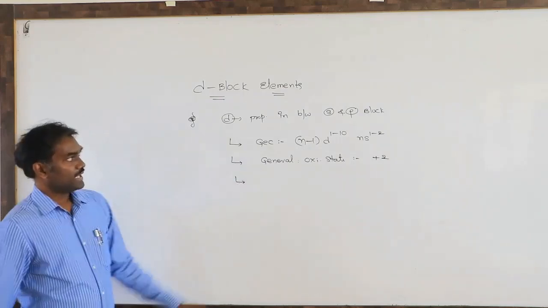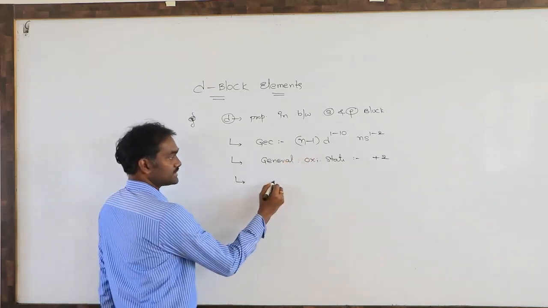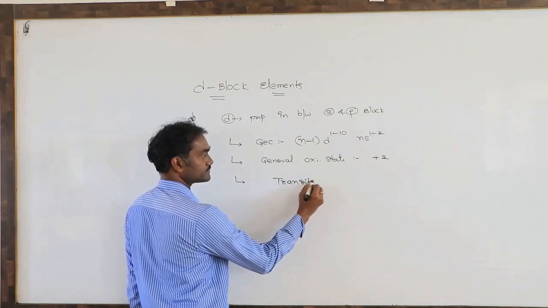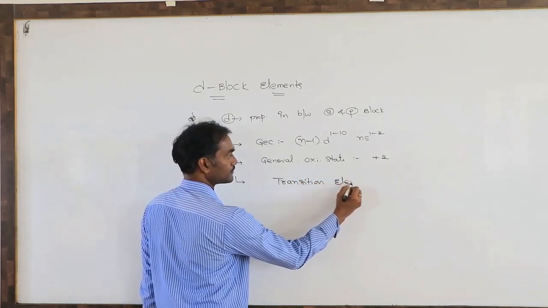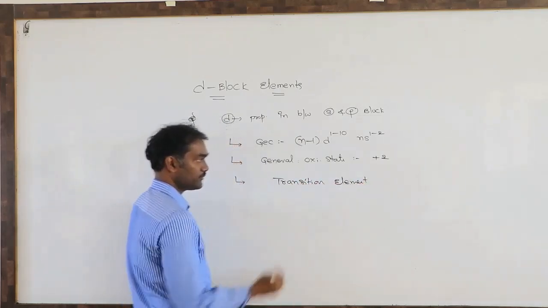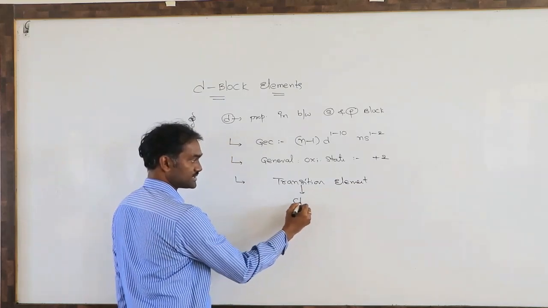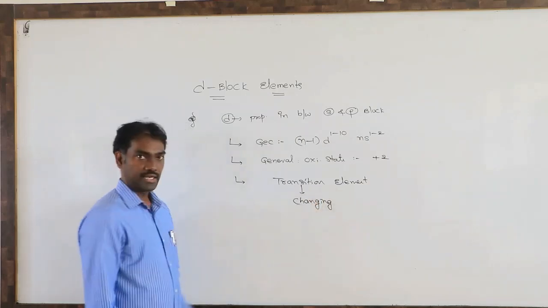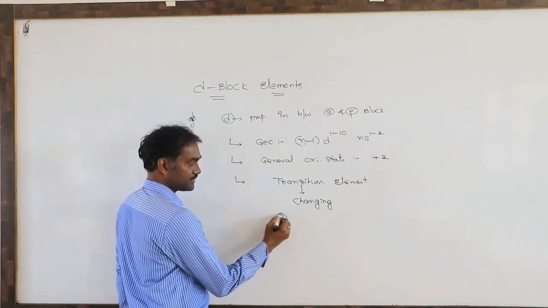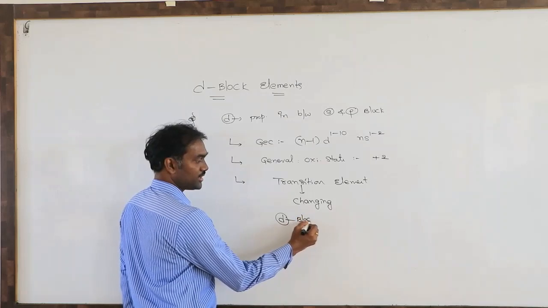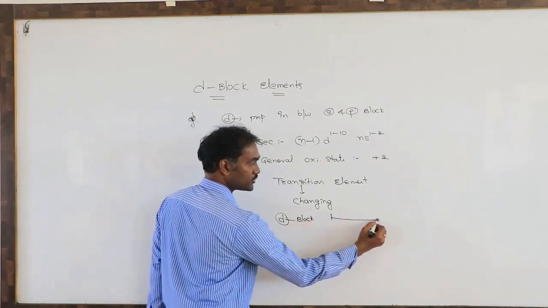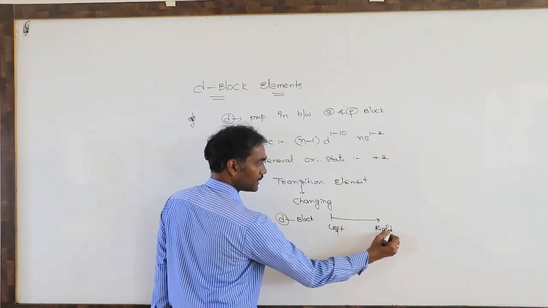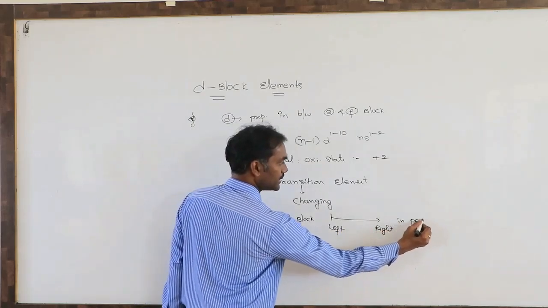Next, these are called transition elements. See, what is the meaning of transition? Transition means changing. The D block elements we studied left to right in a period.